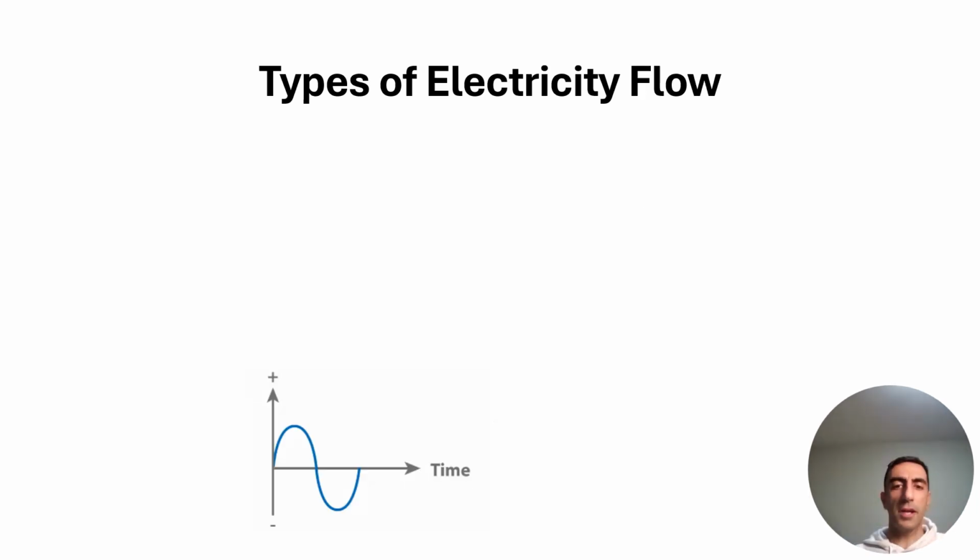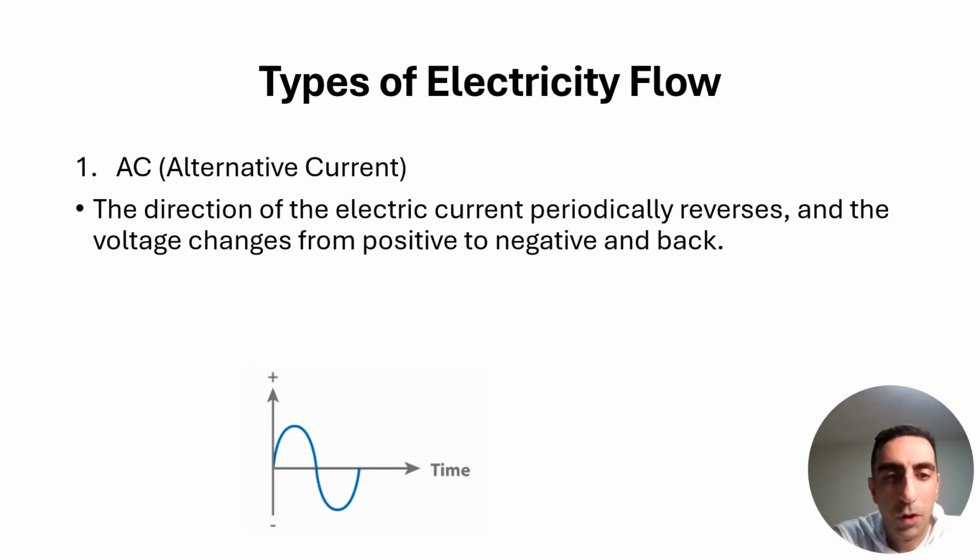And there are two major types of electricity flow. You might already know them. We have AC and DC. So what is AC, or alternating current? If the direction of electricity, either current or voltage, changes periodically or reverses periodically, and the voltage changes from positive to negative and vice versa, this is called an AC signal or AC voltage or AC current. It doesn't matter, current or voltage. The AC or DC concept is the same.